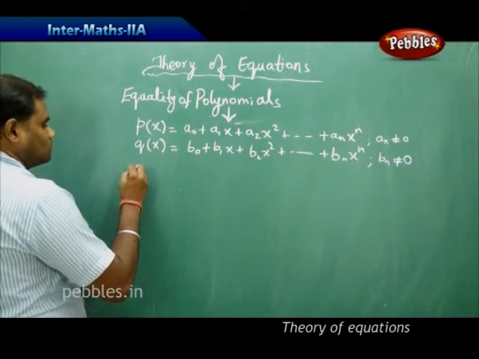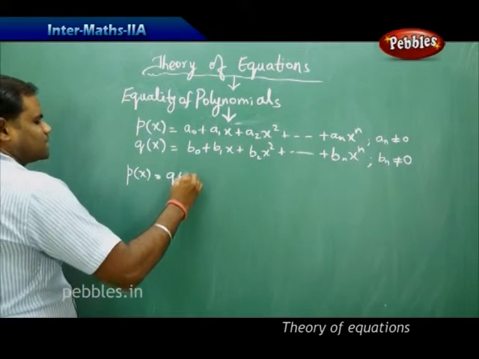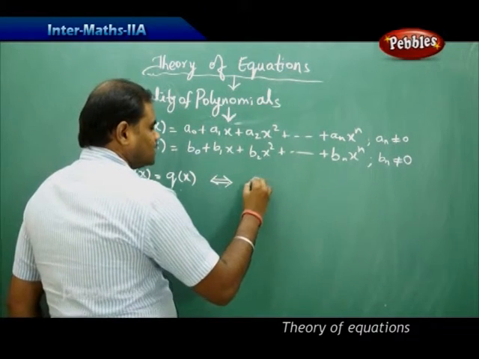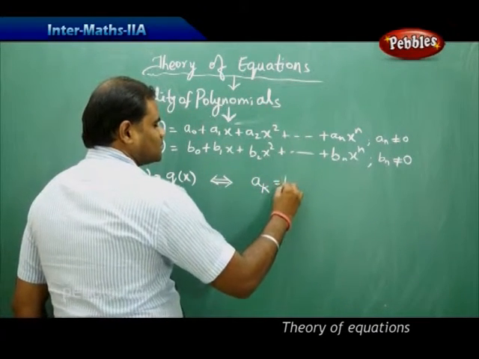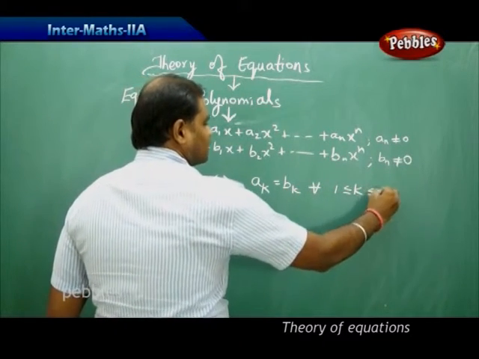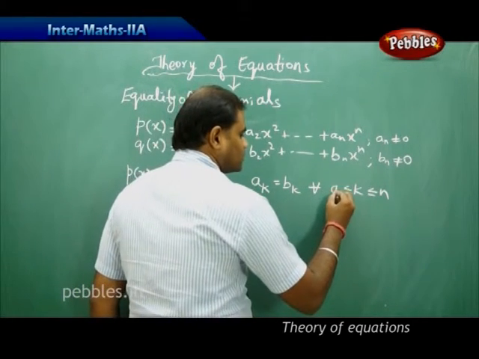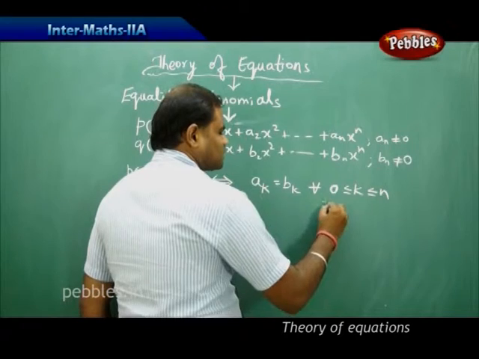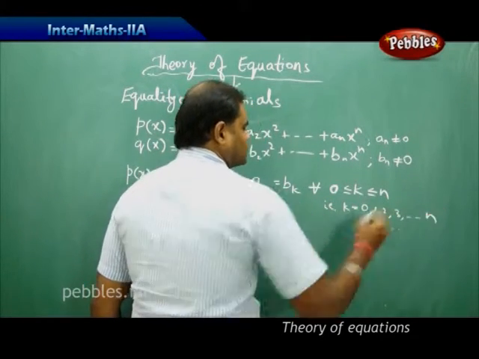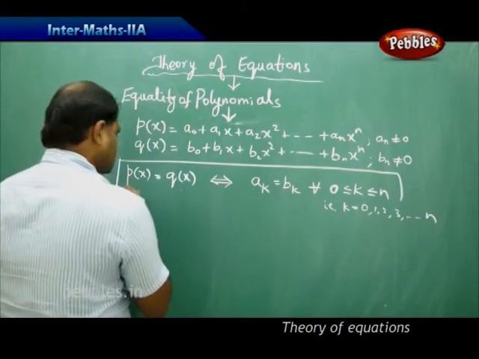So the two polynomials p of x and q of x are equal if and only if each of their coefficients are equal for all k from 0 to n, that is, when I take k as 0, 1, 2 till n, is how I understand the equality of the polynomials.